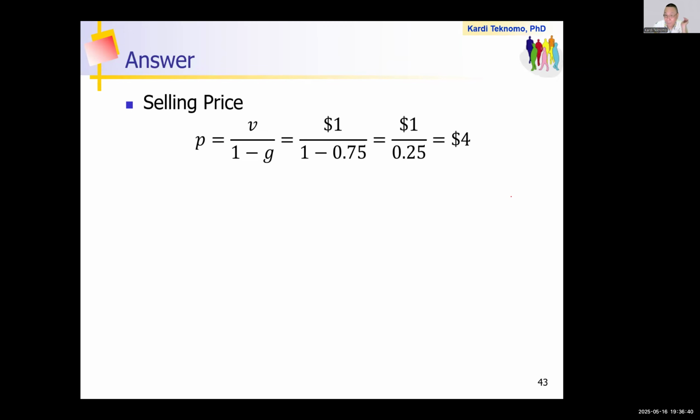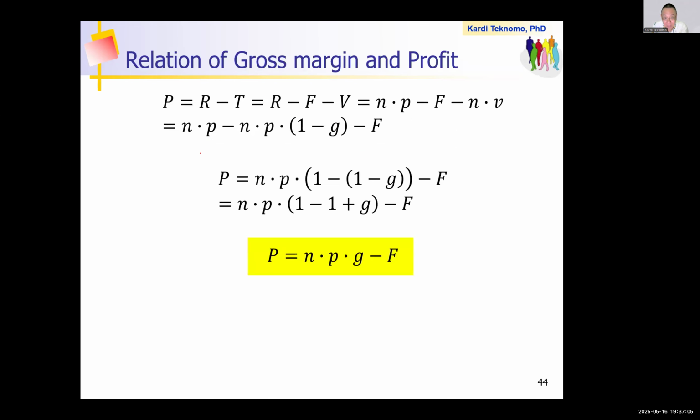In reality, this is what you use. You fix your gross margin, and whenever the price that you buy at changes, you change your selling price, isn't it? So what's the connection between gross margin and profit in that case? This is the derivation of the formula.